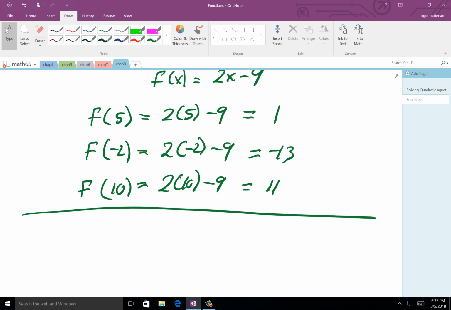And it only has to happen once for it to not be a function. So this, definitely not a function. All right, let's try this here. What about that? Definitely not a function. Absolutely, definitely not.